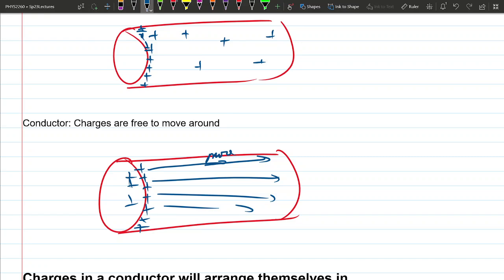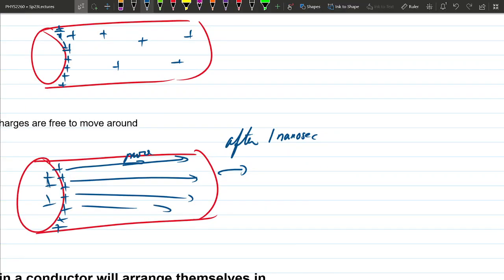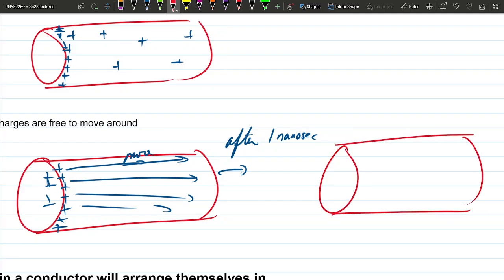So in electrostatic equilibrium, maybe after one nanosecond, these charges are going to move as far apart from each other as possible. But they cannot jump off the conductor, because they cannot jump into air, because air is actually an insulator. So these charges will actually rest on the edge of this conductor.